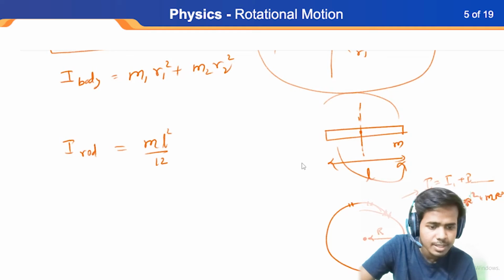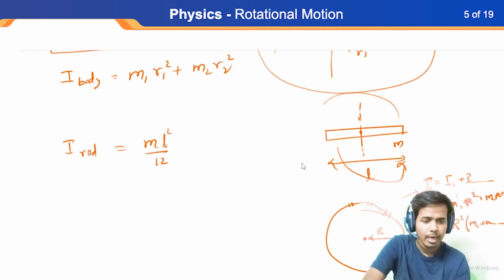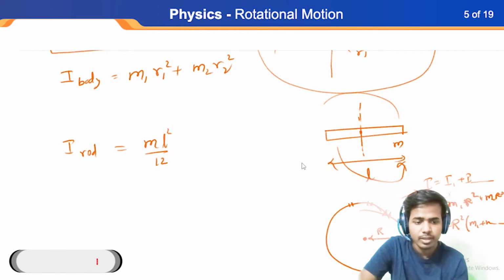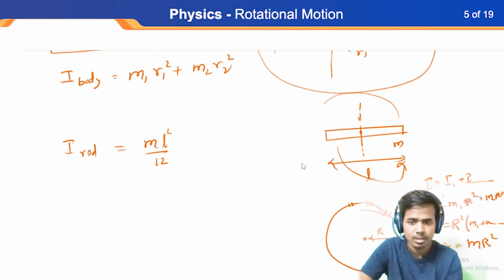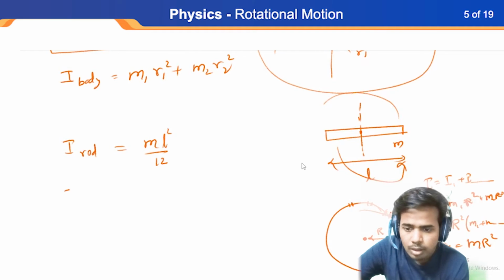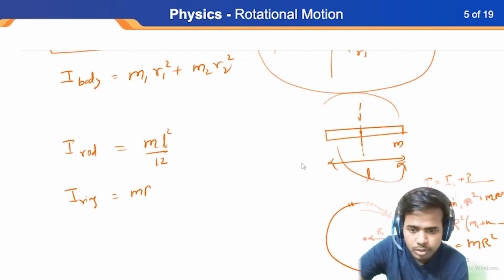When you take r square in common, it becomes m1 plus m2 plus all those masses, and when you add up the masses of all these elements, you get the mass of the ring. So that's why the moment of inertia for a ring is nothing but m r square, as simple as that. So I for a ring is equal to m r square.